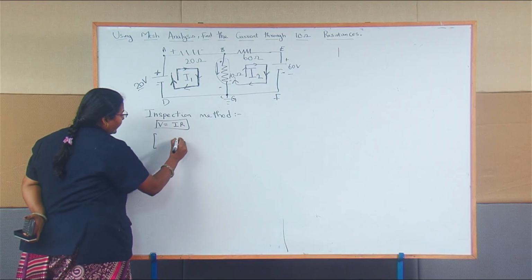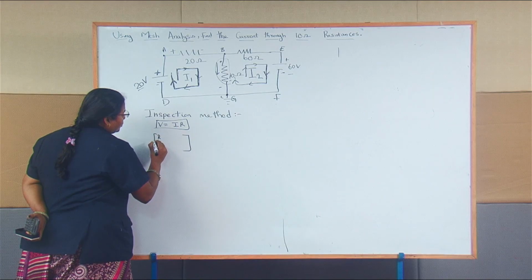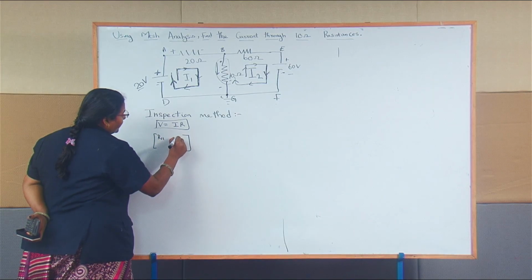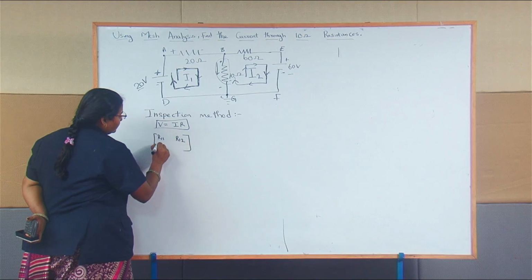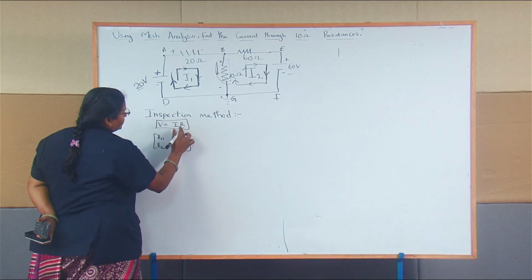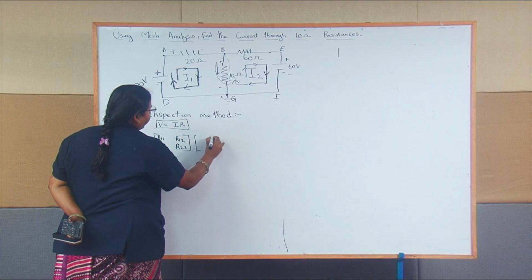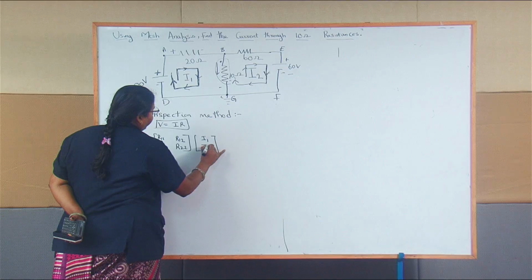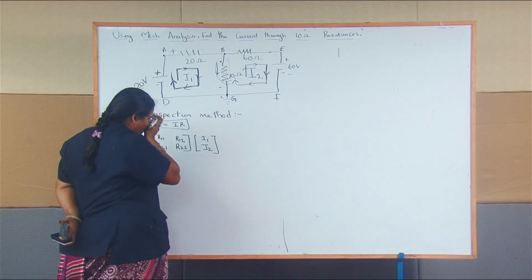So you have to write a 2 cross 2 matrix: R11, R12, R21, R22. This is your resistance. I we don't know, we have to find I1, I2.